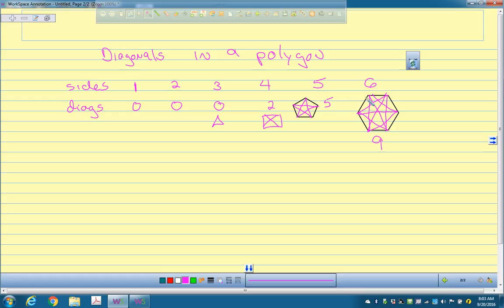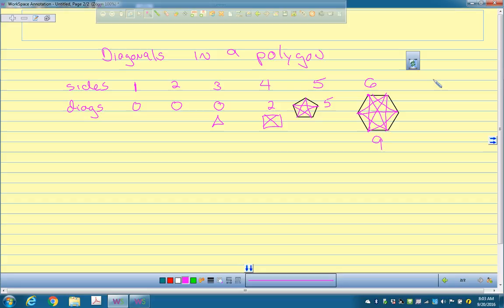Think of it this way. If I have 6 sides, how many diagonals can I have coming out of any one vertex? 3, right? So here I have 5 sides. How many can I have coming out of here? 2, because I can't connect to itself, and I can't connect to here and here because that's not a diagonal. See that?